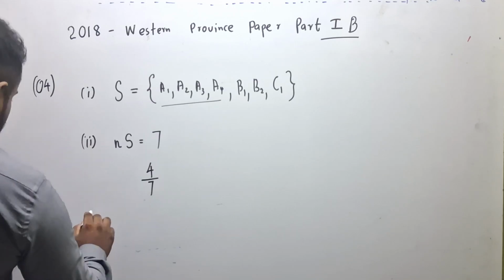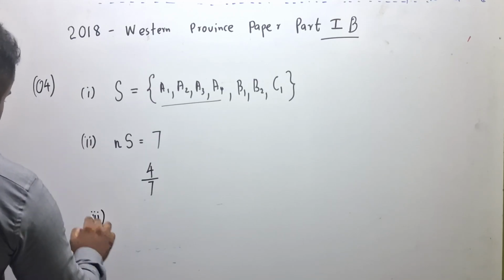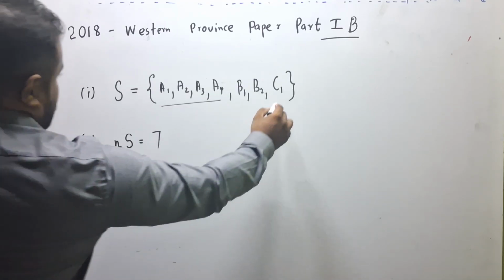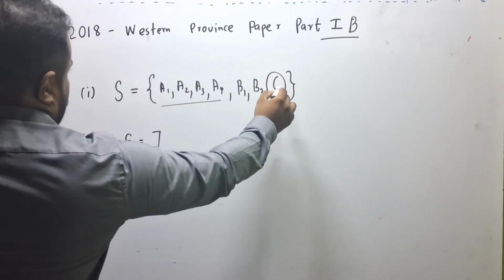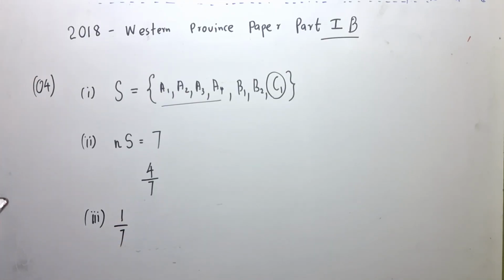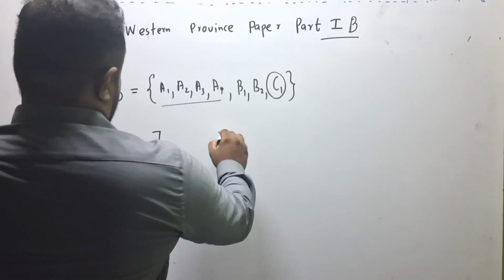Number 3. Find the probability that the person is one who wears black socks. Black socks was mentioned from C, only 1. So 1 out of 7. Question number 4.